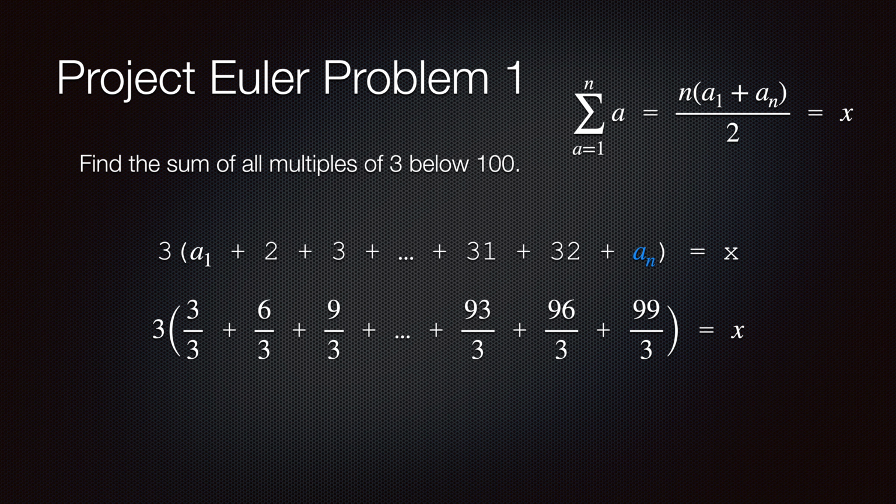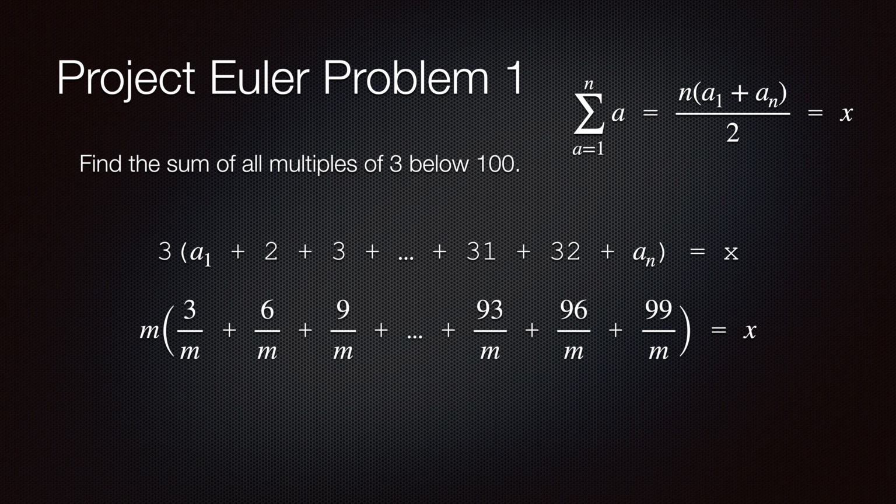Here is our a sub n. Our multiple is 3. Let's generalize that to m. There is something unique with the very first 3. It's our multiple and will always be our multiple, which allows us to simplify m over m to 1.